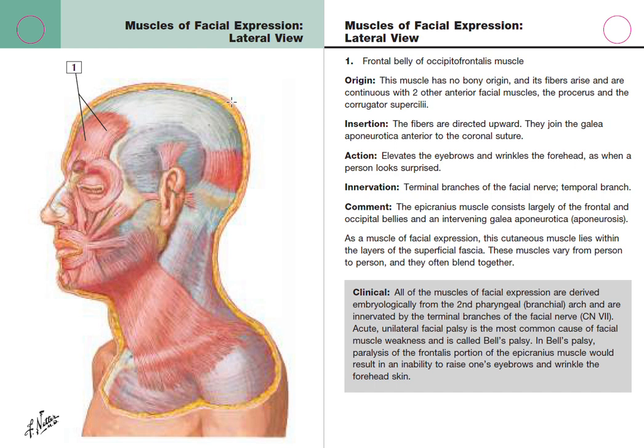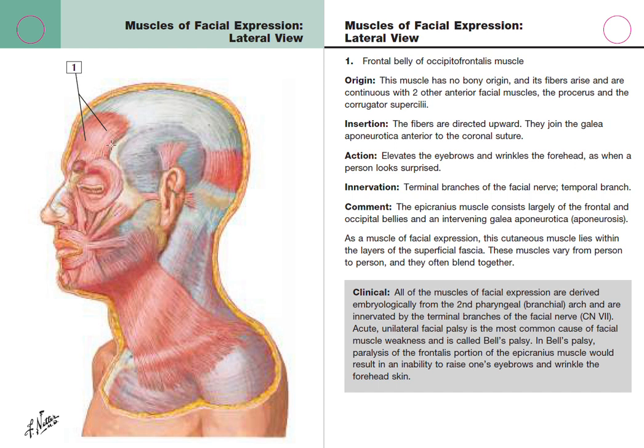The origin: this muscle has no origin. Its fibers arise and are continuous with two other anterior facial muscles, the procerus and the corrugator supercilii. The fibers are directed upward. They join the Galea aponeurotica, which is anterior to the coronal suture.